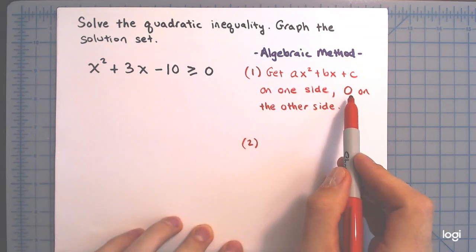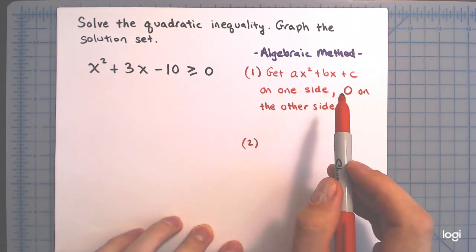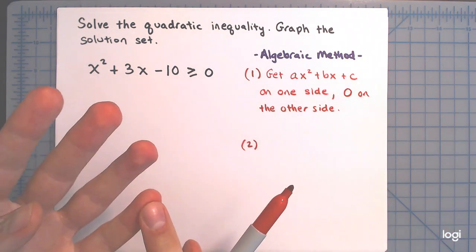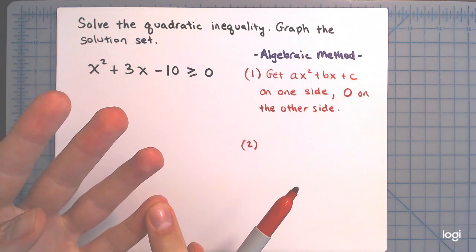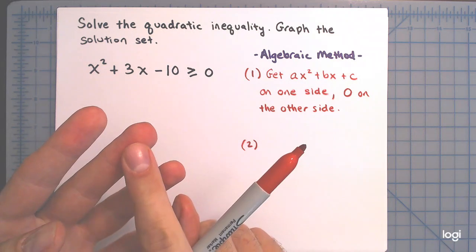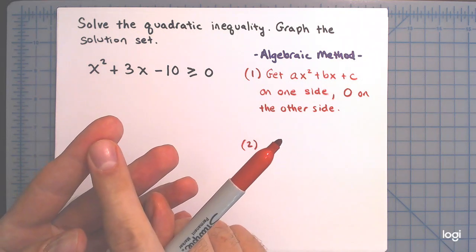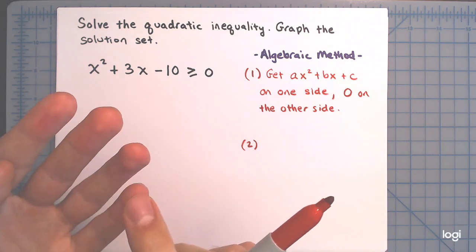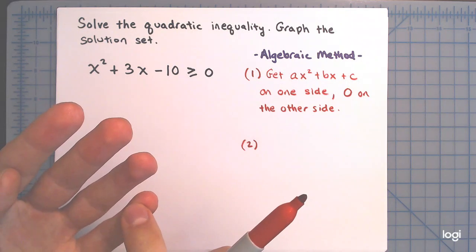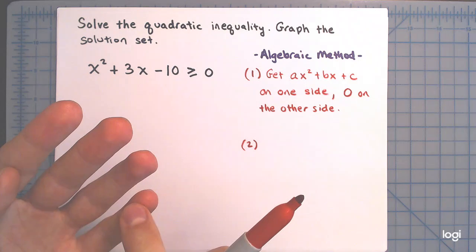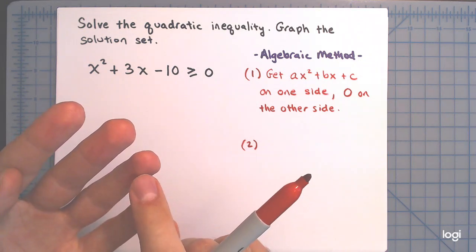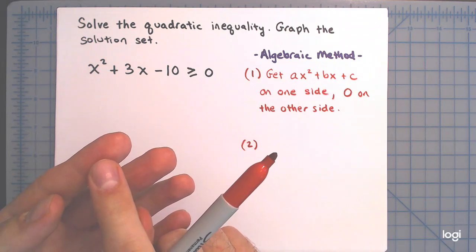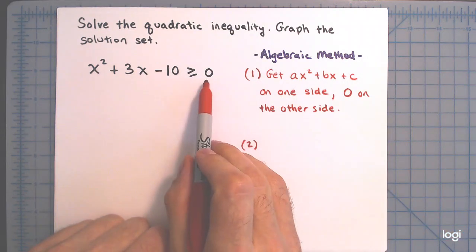The reason I want to get 0 on the other side is because when you evaluate an expression by plugging in a real number, the result will be a positive real number, a negative real number, 0, or undefined, or just not real. So that's why I wanted to get 0 on the other side.